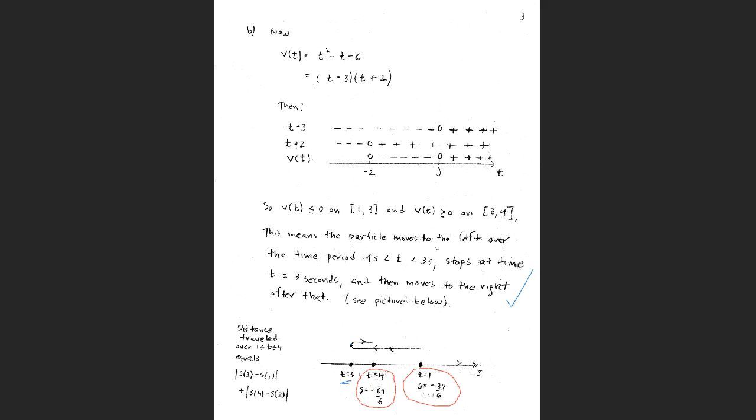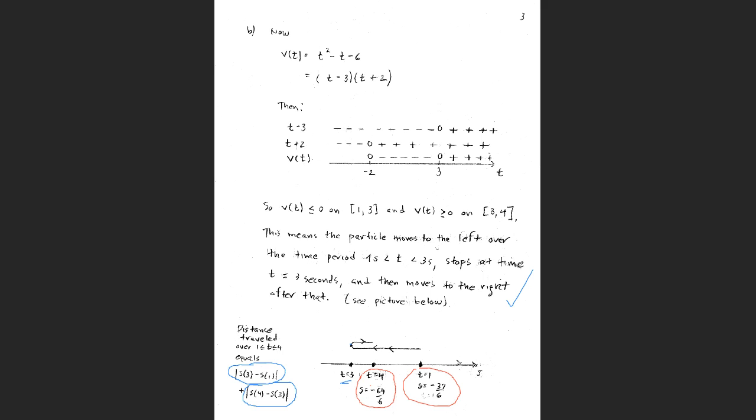So the distance traveled would be the absolute value of S3 minus S1, plus the absolute value of the position S4 minus S3.